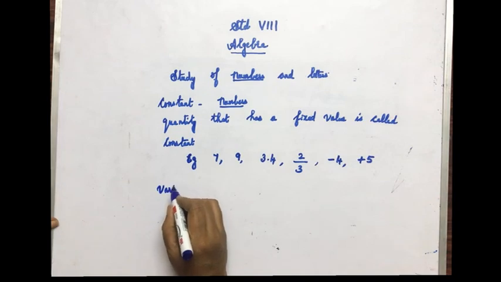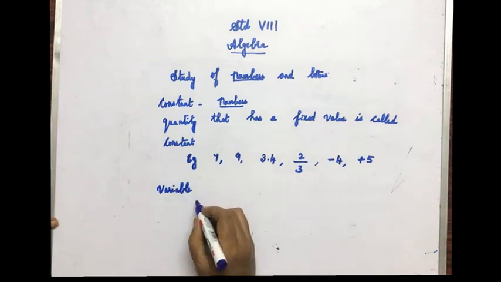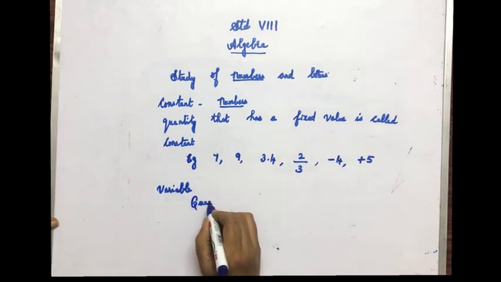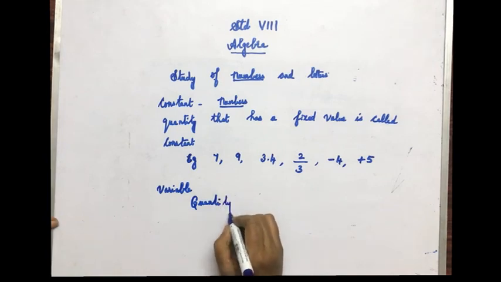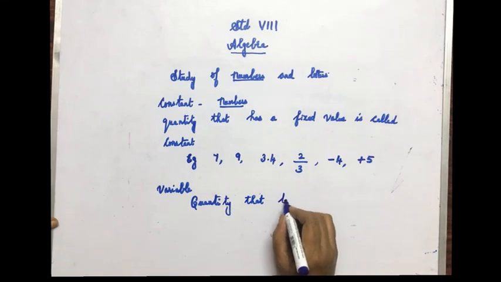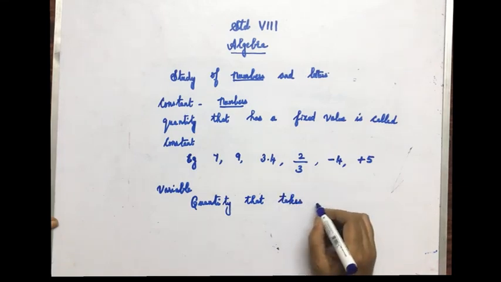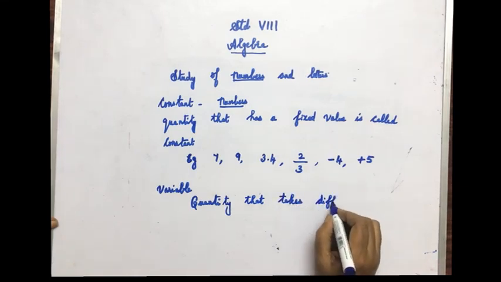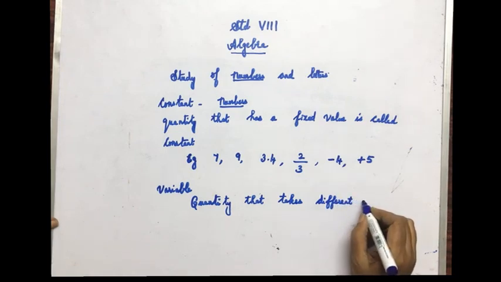Next is variable. Variable means a quantity that takes different values. A quantity that takes different values is called a variable.